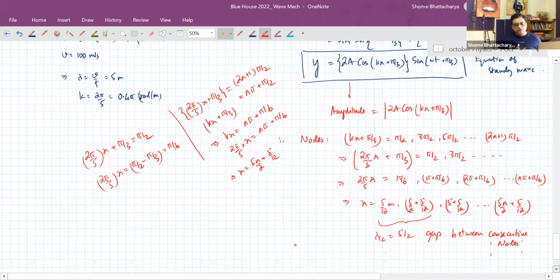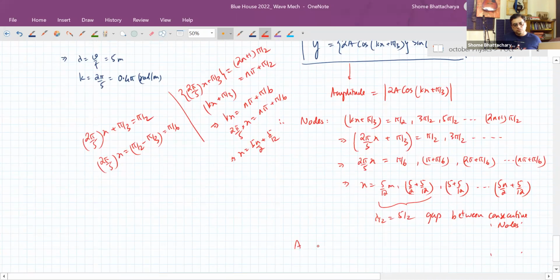And you can also see that antinodes are the positions where kx plus pi by 3 should be equal to 0, pi, 2 pi, in general n pi.